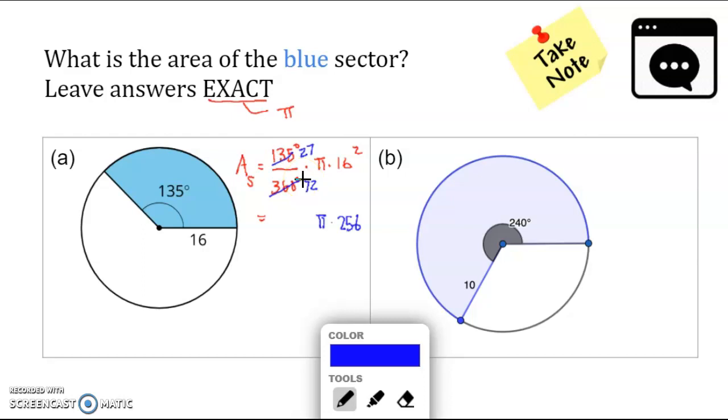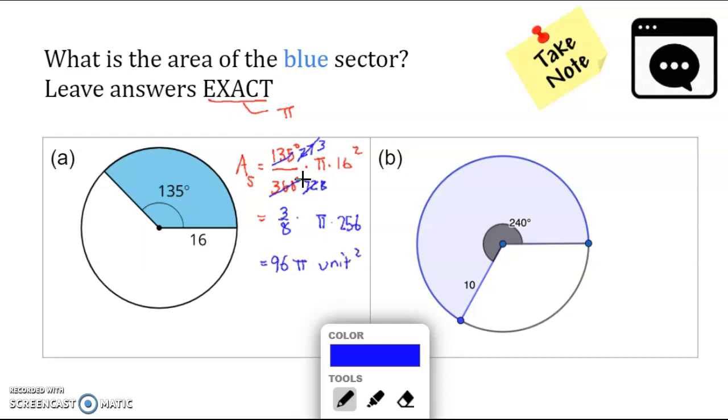Is there another number that I can divide both by? I can divide by 9. 27 divided by 9 is 3, and 72 divided by 9 is 8. So I am dealing with 3/8 of a whole circle multiplied by 256. 256 divided by 8 is 32, and 32 times 3 is 96 pi unit square.